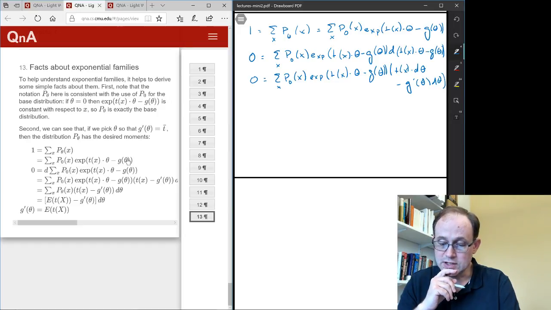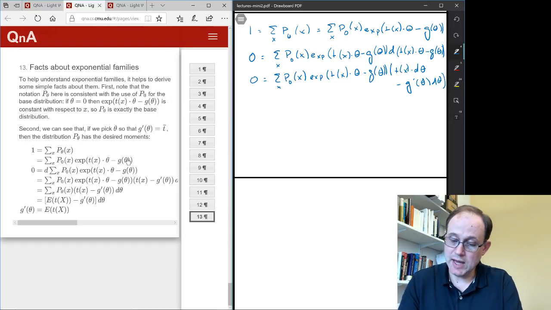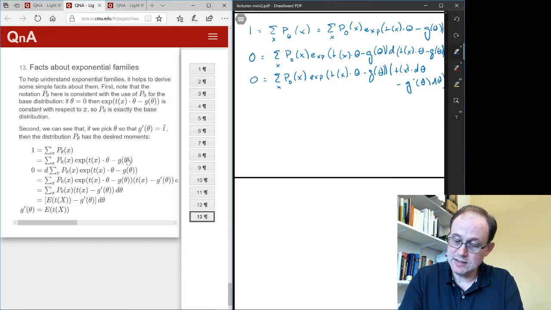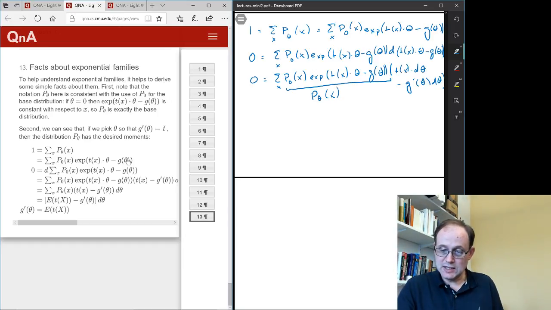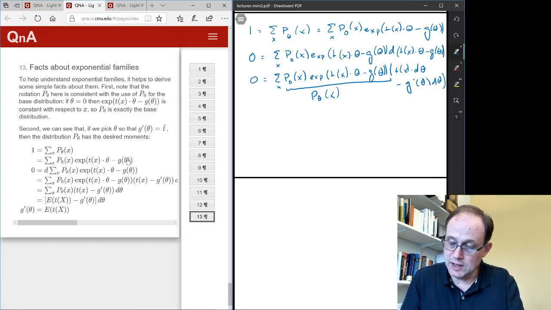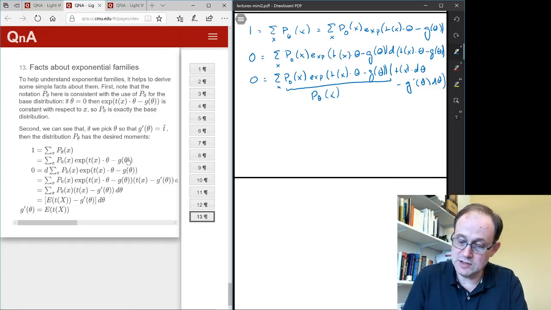Now we can recognize that this part here is just p theta of x, because you can compare it to the formula for p theta, and so we've got a copy of that. So we can split apart these two terms.